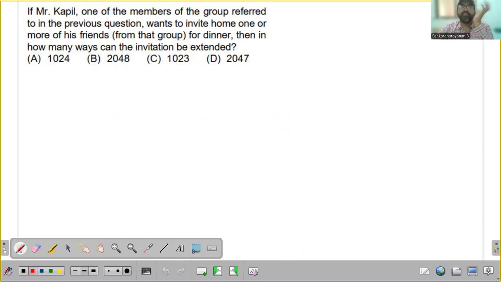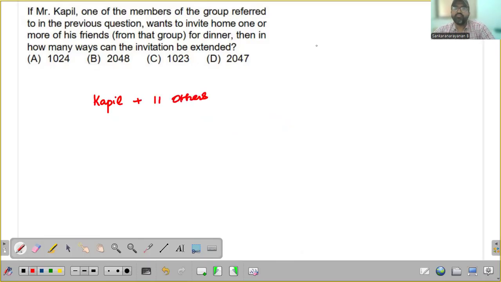Mr. Kapil, one of the members of the group that we have considered in the previous question, wants to invite home one or more of his friends from that group. Then in how many ways can the invitation be extended? Okay, so the people you are considering will be Kapil plus 11 others, correct?